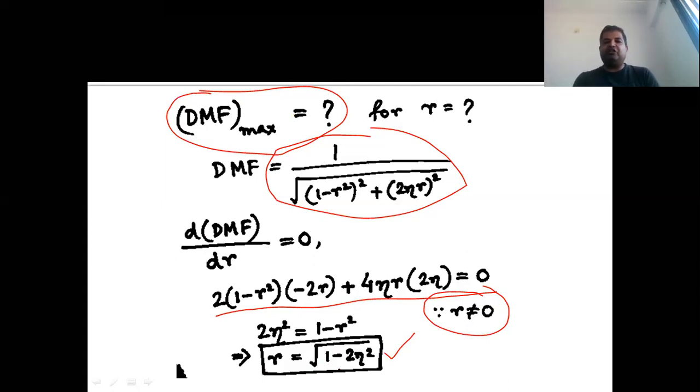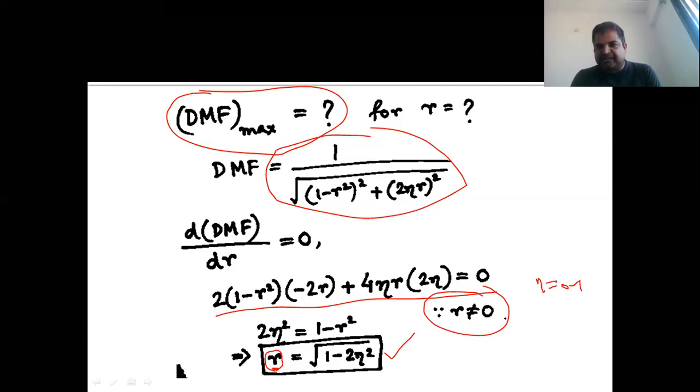Now you put different values of eta here, and you will get the particular value of R at which the peak occurs. You can take three cases: eta equal to 0.1, 0.2, and 0.3, and see at what value of R the DMF is maximum.